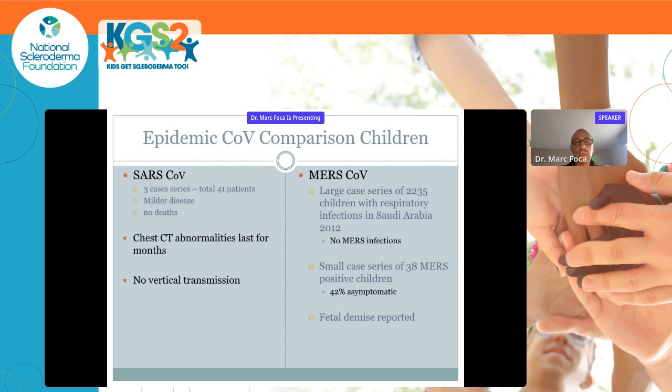For MERS, there was a very large case series of respiratory viruses in children in Saudi Arabia after MERS was first identified, and there were no MERS infections in this group of over 2,000 children. And then there was a small case series of 38 children, almost half of whom were asymptomatic. And with this particular coronavirus, there was evidence of fetal demise. So you can see that SARS-CoV-2 sort of melds some of the patterns of both of these epidemic and seasonal coronaviruses.